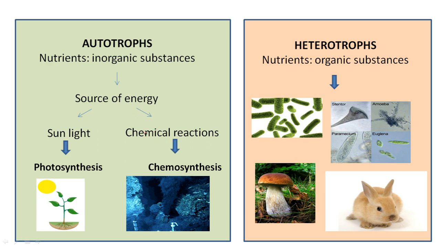And if they use a different source of energy, usually chemical reactions, then the process is called chemosynthesis. The other group, the heterotrophs, the nutrients are organic substances. They cannot produce organic matter from inorganic matter, so they need to take it from the environment. Some bacteria, some protists, fungi, or animals are heterotrophic.